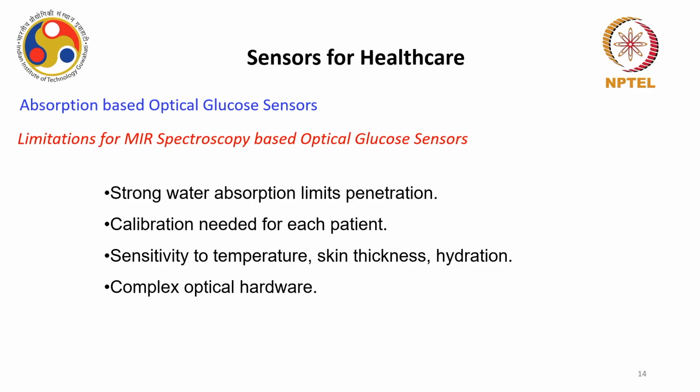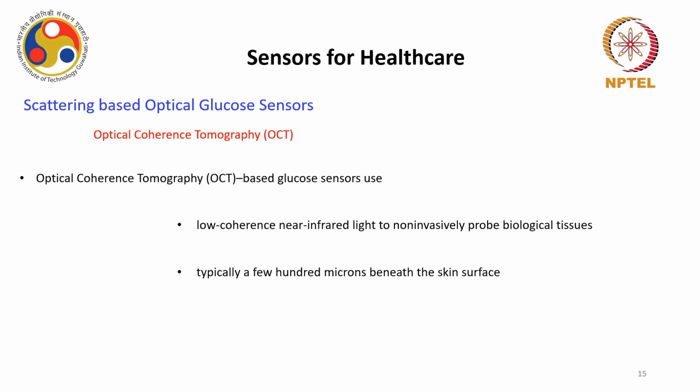The sensitivity is also affected by variation in temperature, skin thickness and the hydration level of the skin. And the optical hardware requirement in MIR spectroscopy is a little complex compared to other optical devices. But it also provides a lot of advantages, so MIR spectroscopy is considered a good option for glucose monitoring.